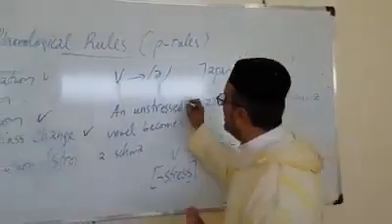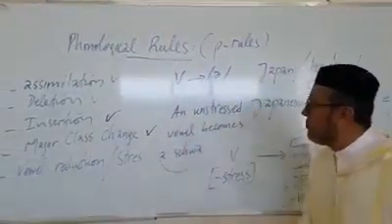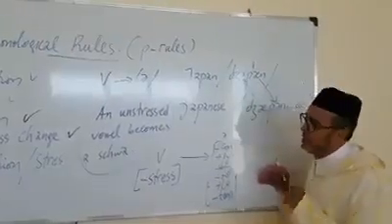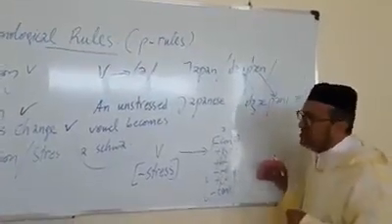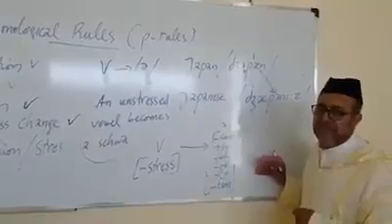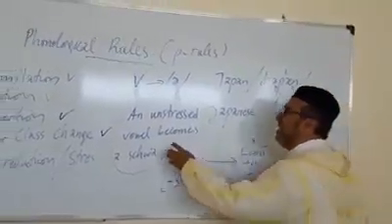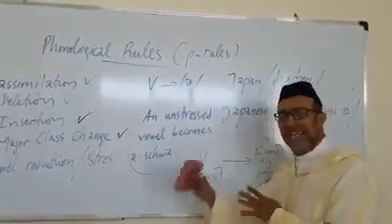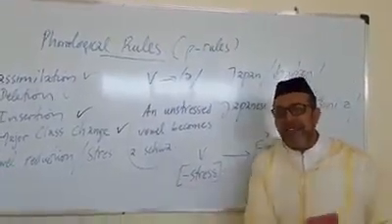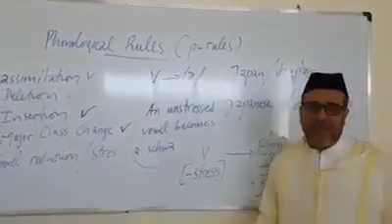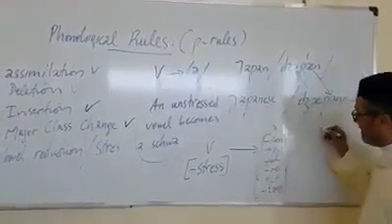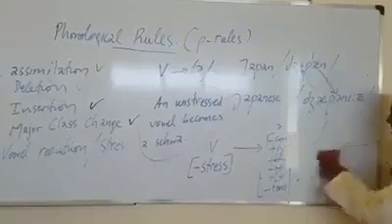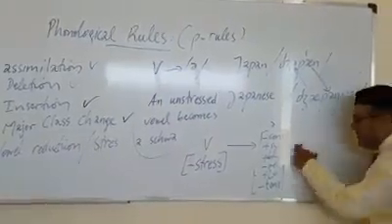Now, remember, look at this rule, it is a special rule. Why? Because it doesn't have a context. It doesn't say an unstressed vowel becomes a schwa if, or in this situation, or in that situation. It's all the time. So, there is no need to say anything here.